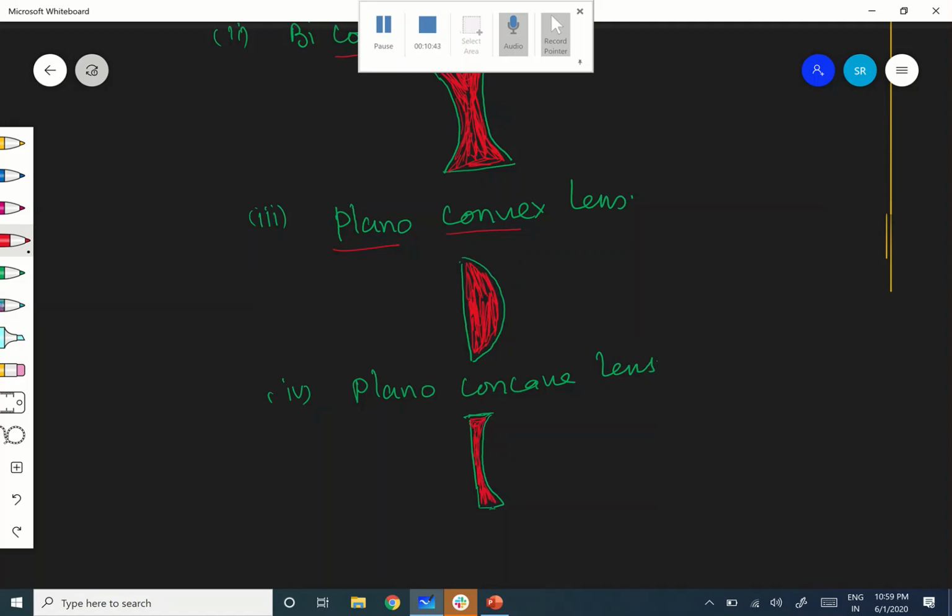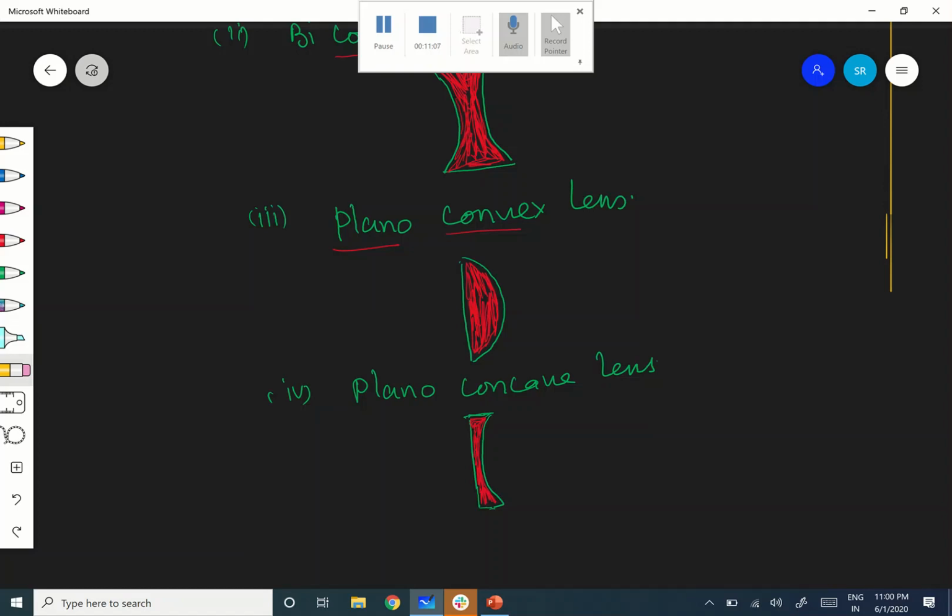Are you following? This is a concave surface and another surface will be plane. Therefore this is a plano concave lens.